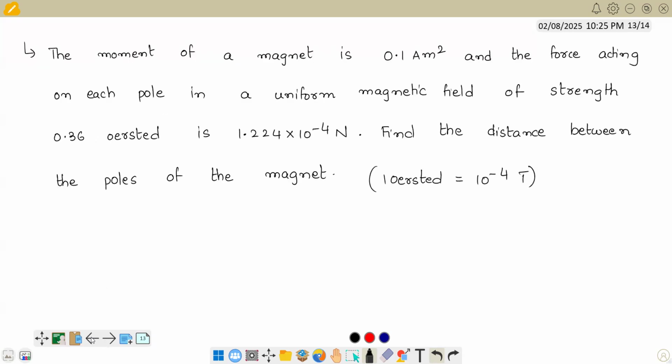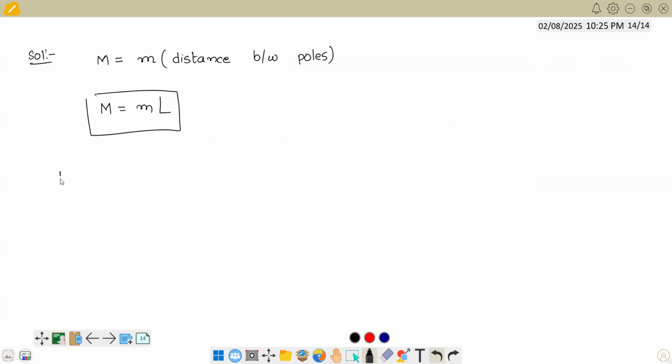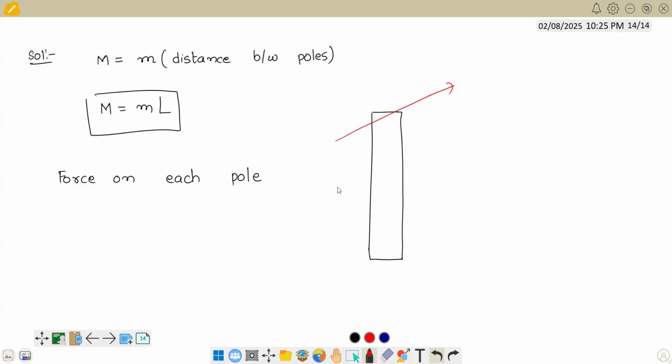One more extra piece of information that is given is, when you place this magnet, the force acting on each pole is 0.36. So force on each pole. Suppose you take a magnet and place it in a magnetic field. Let us say this is the magnetic field, and this is one pole, this is another pole.